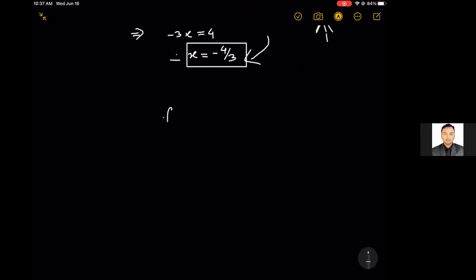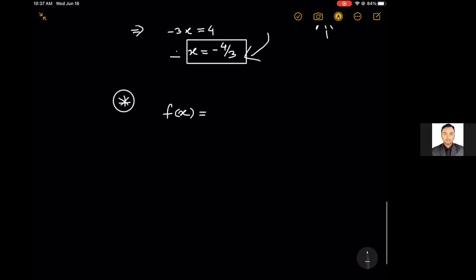Let's say your function is... No, let's skip it.